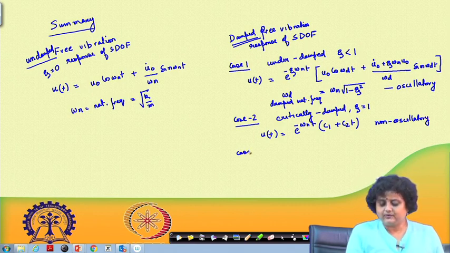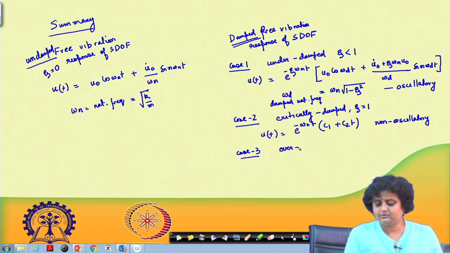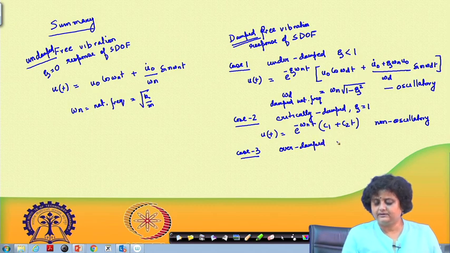And case 3 was that of overdamped system, that is zeta is greater than 1.